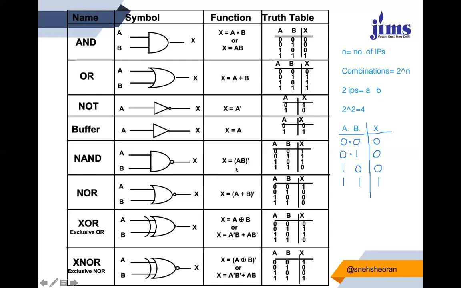So if I have to define the function of a NAND gate, the function of NAND gate is AB whole bar. You can see the function of AND gate is x is equal to AB. So NAND gate is first AB and then it is complemented. If I have to make a diagram here representing a NAND gate, you put an AND gate first and then this output passes through a NOT gate.